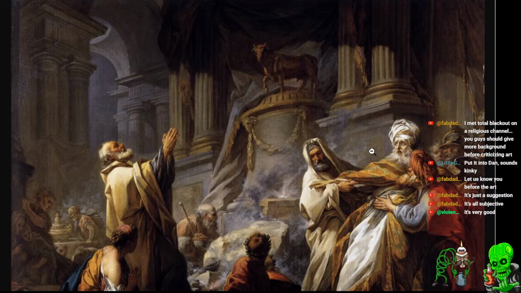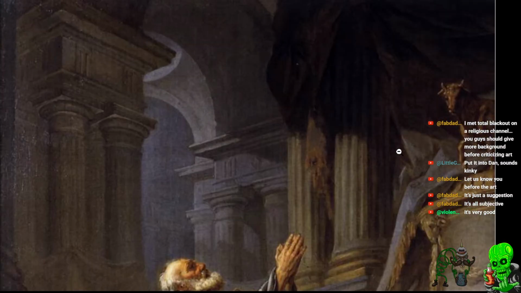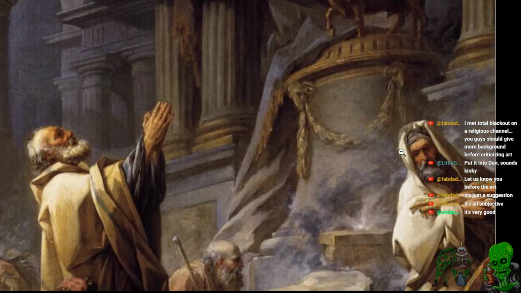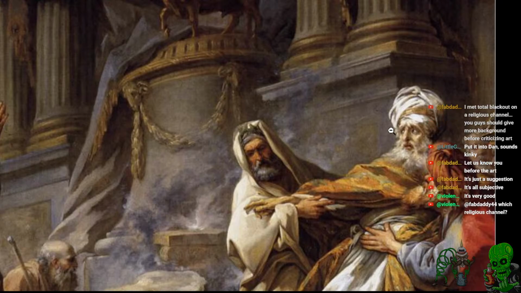The realism is stunning. He does a good job of capturing the fear on the king's face, and as we'll see later, he does a really good job with faces. Much like a lot of the artists we've talked about, but this I think is very stark.